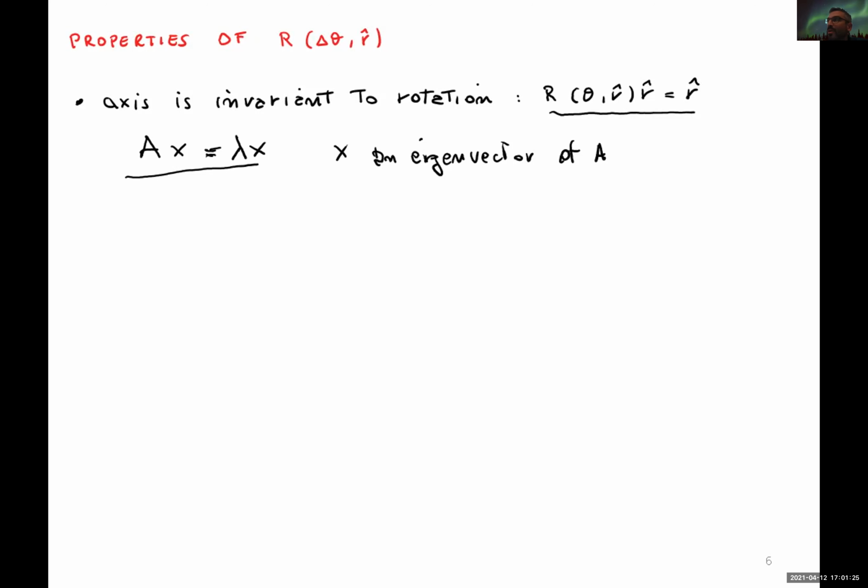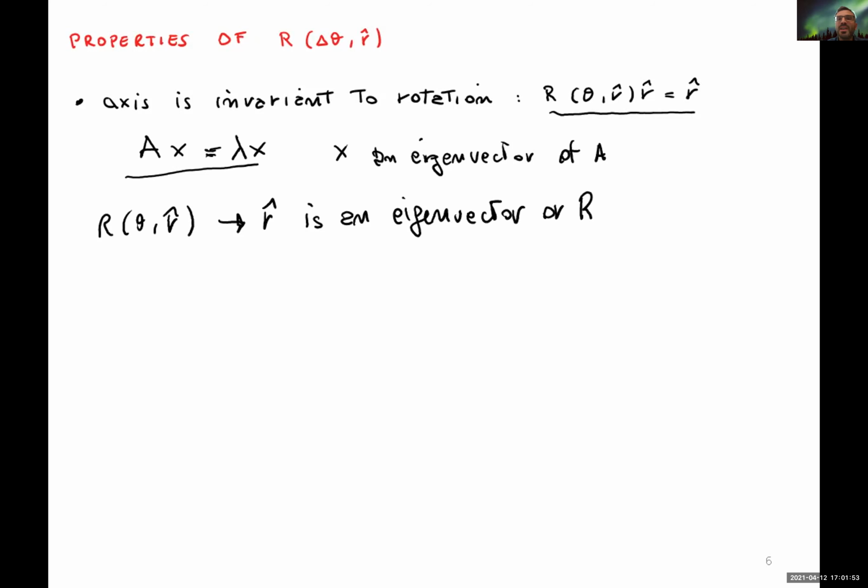It holds also for non-identity matrices, for non-trivial solutions. And so in the case of a rotation matrix like this, the axis is an eigenvector of R, and it is associated to what? What is the eigenvalue associated to this eigenvector?